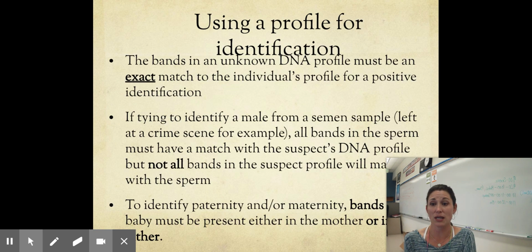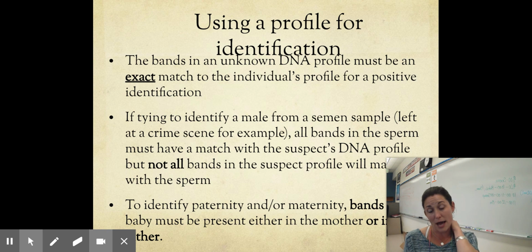So how do we use these profiles for identification? In order for us to do this for crime scene analysis, which is what we're going to be using this for, we have to have the bands in an unknown profile be an exact match for a positive identification. And so we're looking for the exact same individual based on these DNA fingerprints.